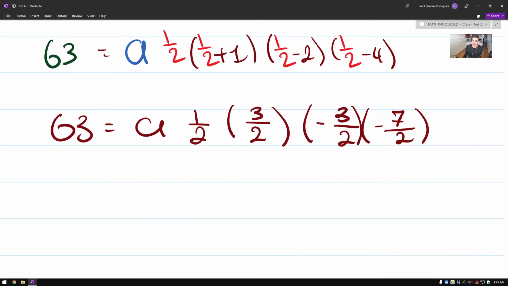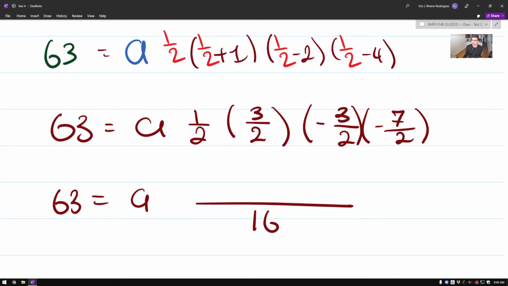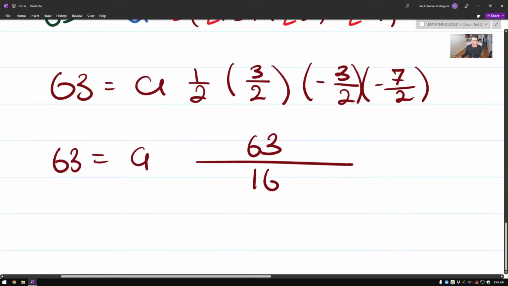Okay, then we got 63 here, a, and then we multiply all the denominators. We got 2, 4, 8, 16, and then on top we have 1 times 3 is 3, then 3 times 3 we have 9, 9 times 7, 63, 2 negatives make a positive.